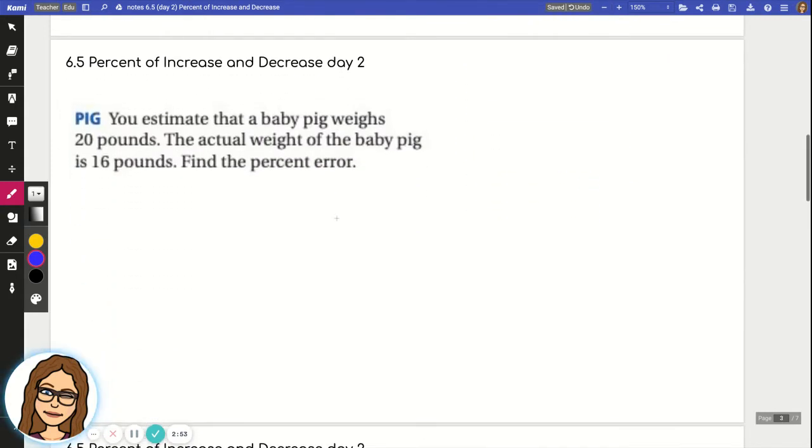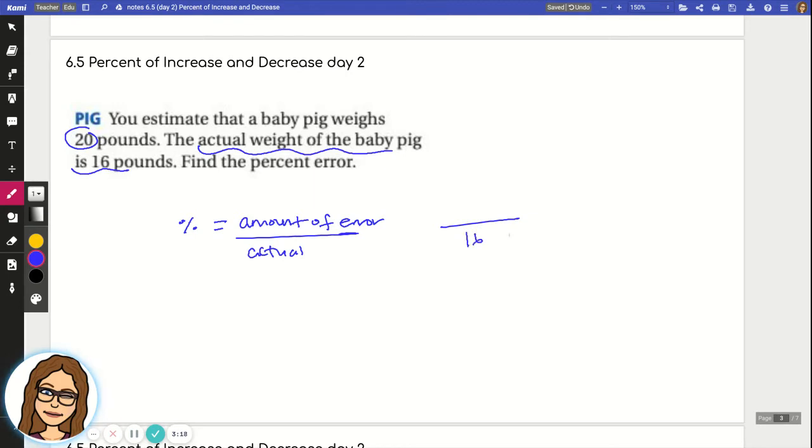So here's another one here. It says that you estimate that a baby pig weighs 20 pounds. So this is your guess. And it says the actual weight of the baby pig is 16 pounds. So remember, it's amount of error over actual. What do we know? We know that the actual weight is 16 pounds.